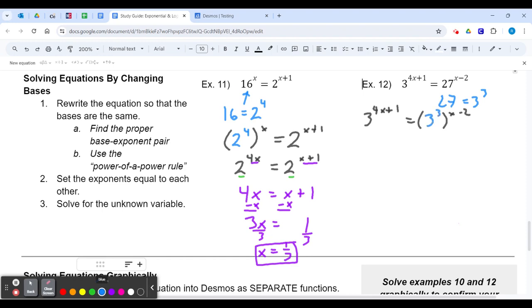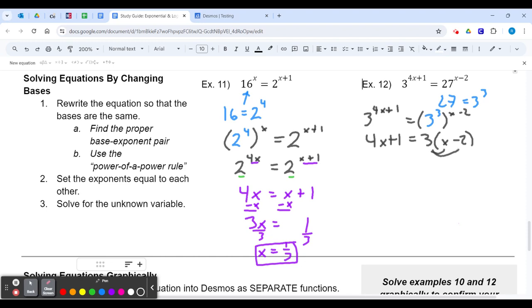After that, I noticed that my bases are the same, so what I can do is drop those bases. I get 4x plus 1 equals, and then we need to recognize that if we're dropping it in this step, that 3 needs to multiply with that x minus 2. So you can do that here, or you could have done it up top before dropping the exponent. Either way is fine.